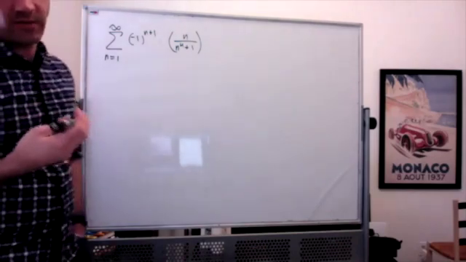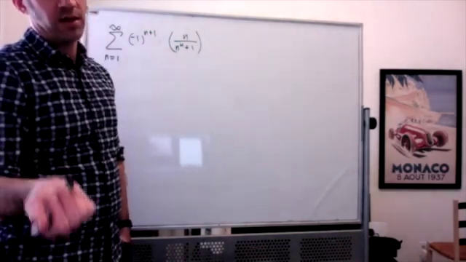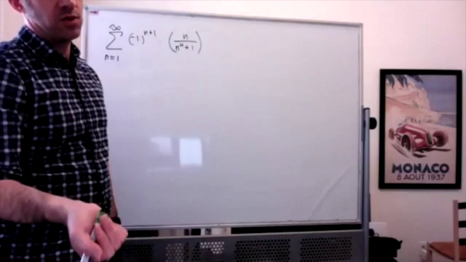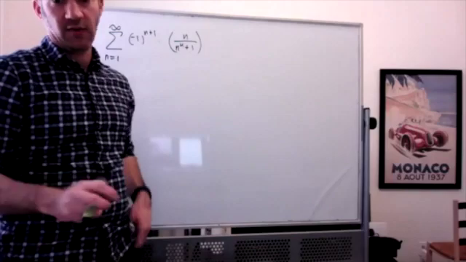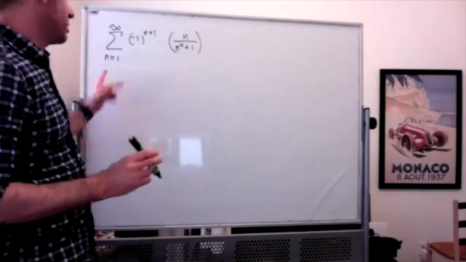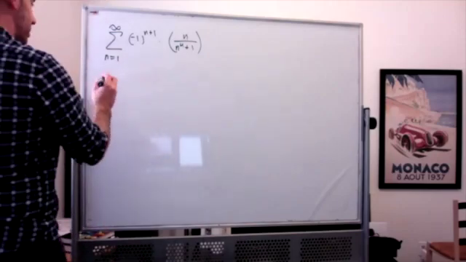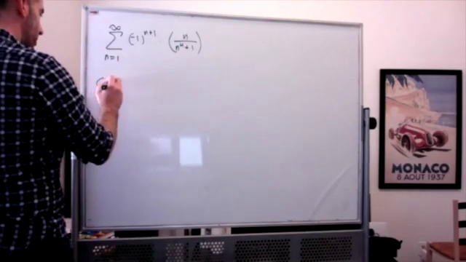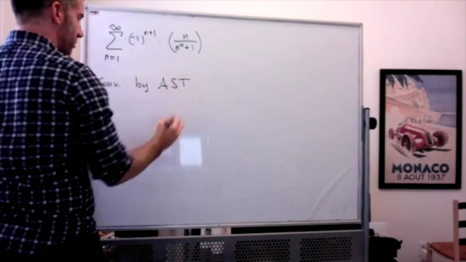Here's what I want to help you avoid: jumping to the alternating series test if you don't have to use it. You could totally show that this series converges by the alternating series test. I'm not going to, but I'm just going to tell you this series definitely does converge by the alternating series test.